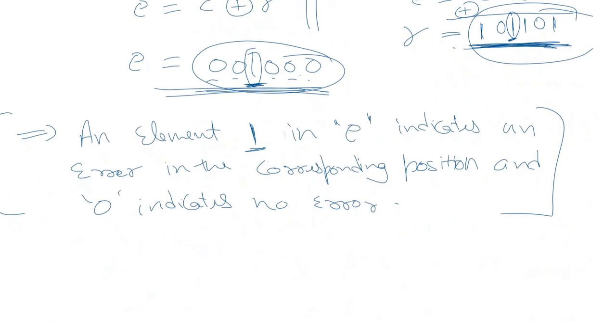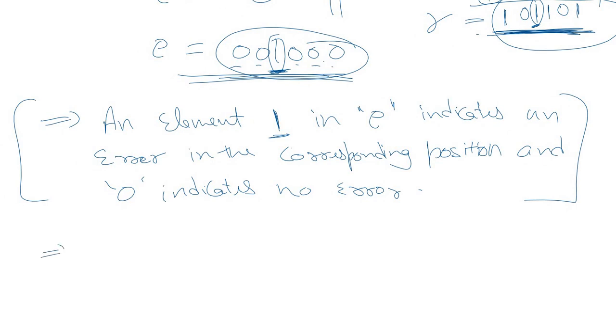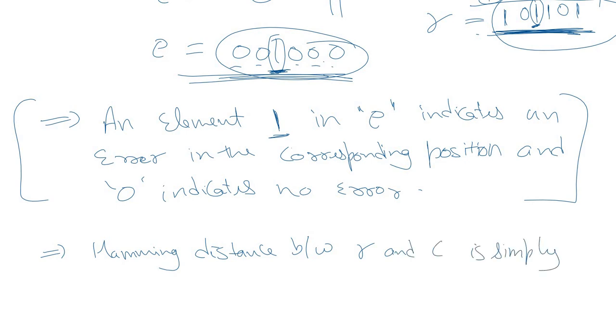Hence we can say the Hamming distance between R and C is nothing but simply the number of ones in the error word E.